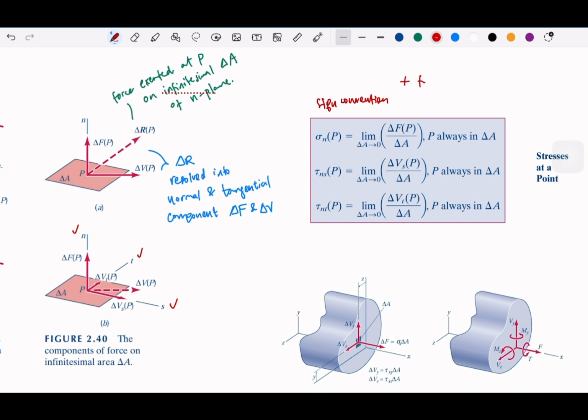So positive for directions similar to N, T, and S. So if there is a negative, it means that it will be in the opposite direction of that plane, okay, from that delta A.